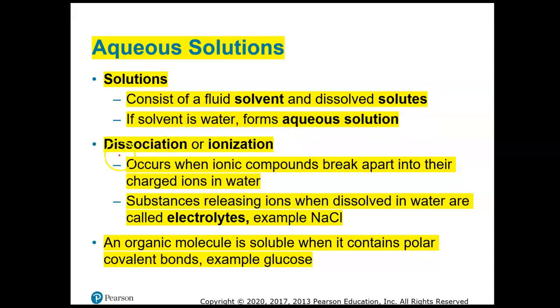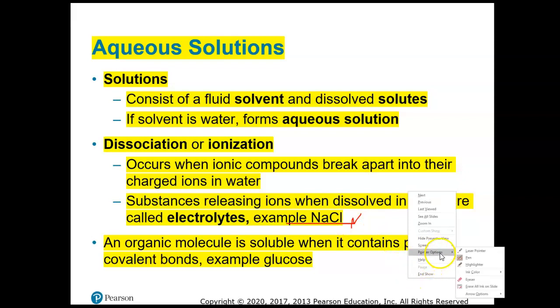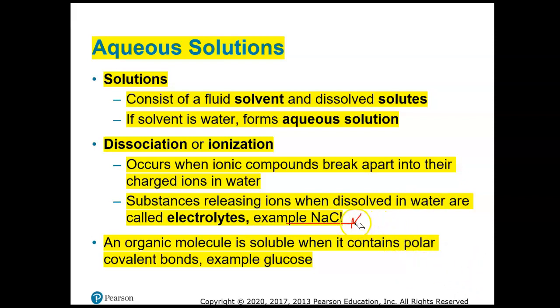When you dissolve chemicals in water, we say they dissociate or ionize. Substances that release ions when they dissolve are called electrolytes. So sodium chloride would release sodium ions and chloride ions.